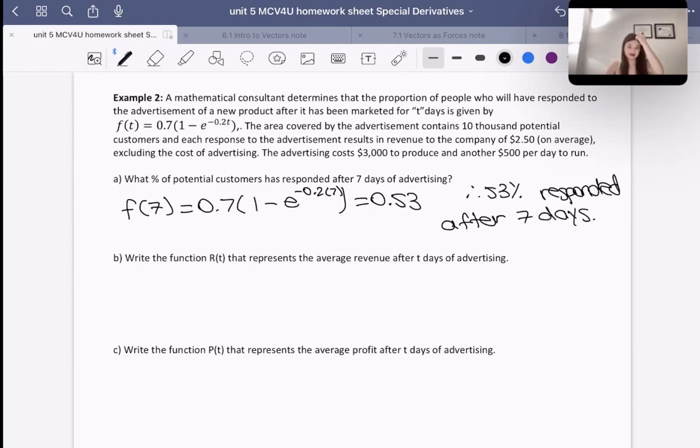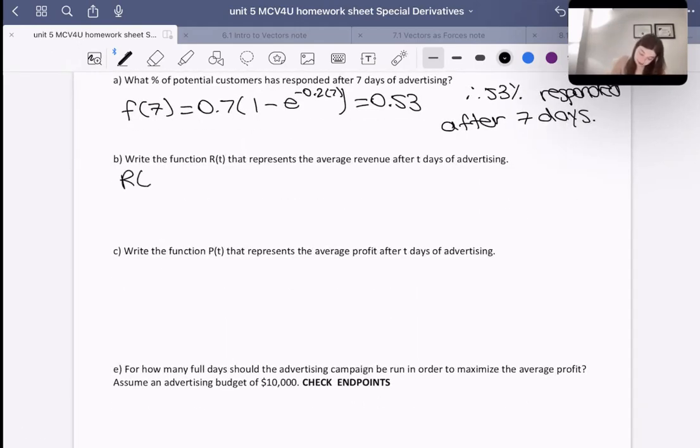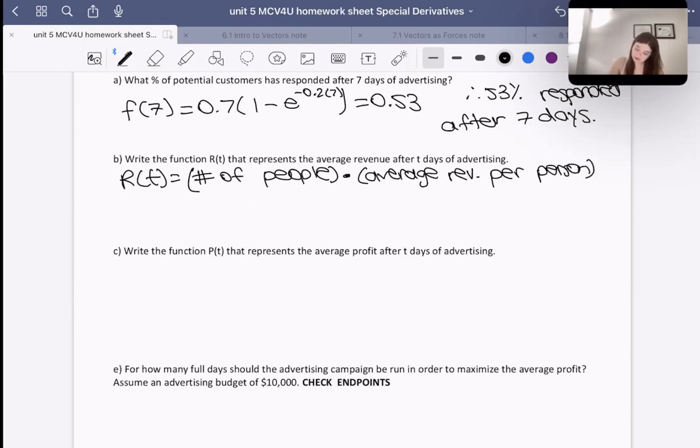Okay, then it says write the function R of T that represents the average revenue after T days of advertising. So basically, R of T is going to be equal to the number of people times the average revenue per person. Okay, so we already know that the average revenue per person is $2.50, but what about the number of people?